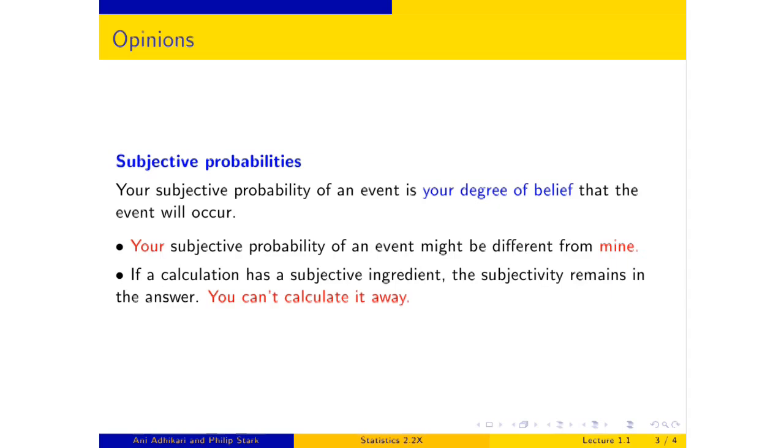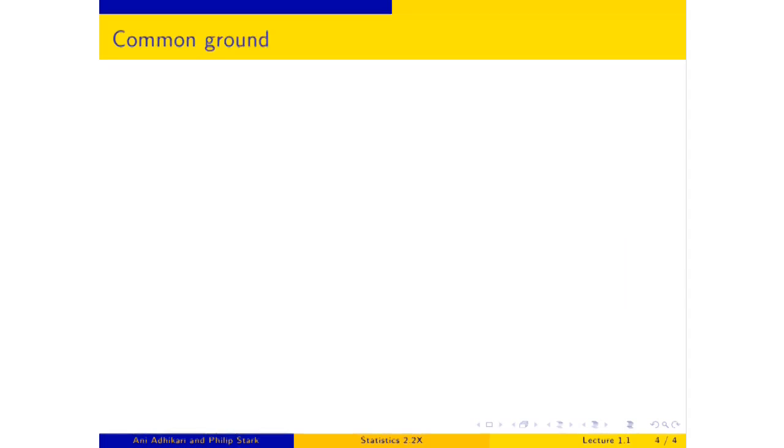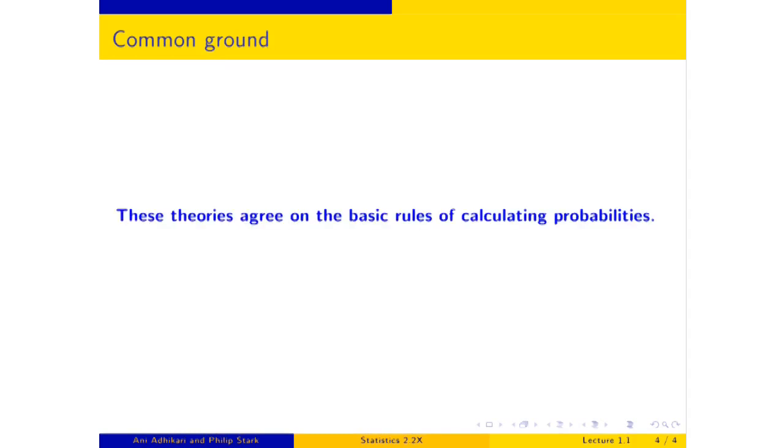And while there's a slew of ideas about what probabilities are and the advantages and disadvantages of the different theories, it is a great relief that there is a common ground that these theories share, which is that the basic rules for how to calculate are the same no matter what you think the probabilities are. And we are going to use that as our basis because we would like to get on to calculating probabilities.